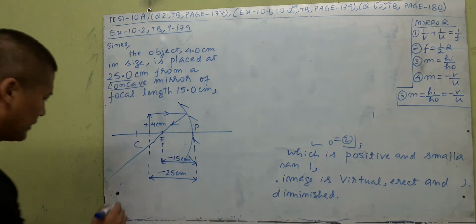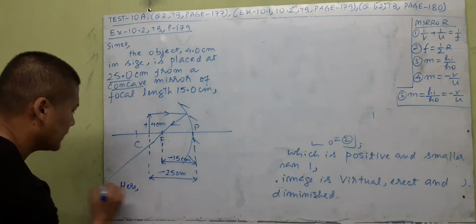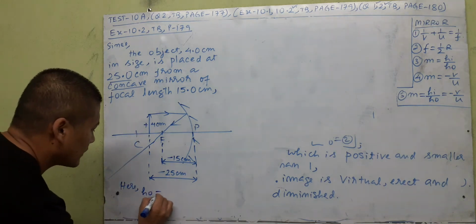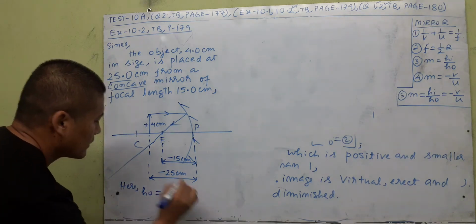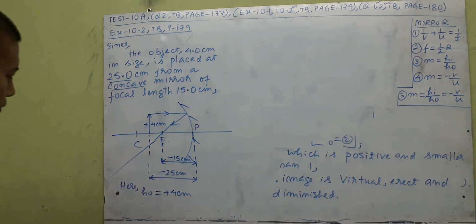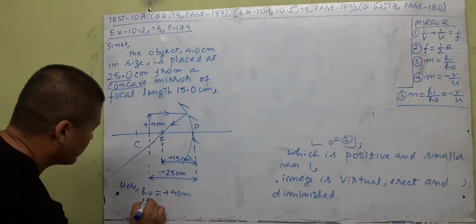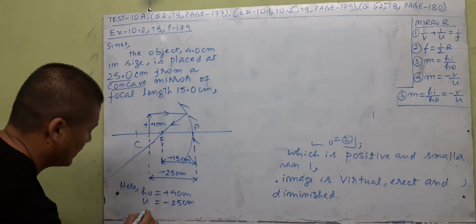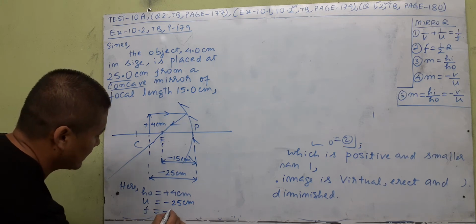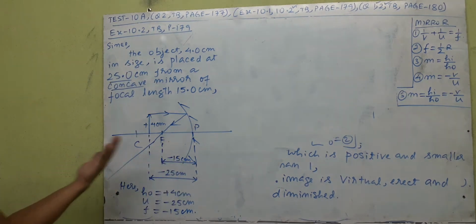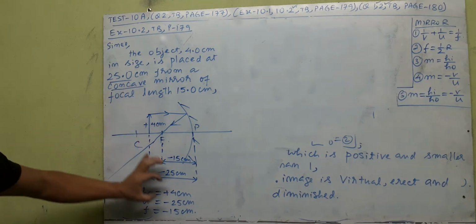Given values are HO is equal to plus 4 centimeter object size, and U is equal to minus 25 centimeter, and f is equal to minus 15 centimeter, because it's a concave mirror and left side is always minus and above the principal axis is plus 4 centimeter.